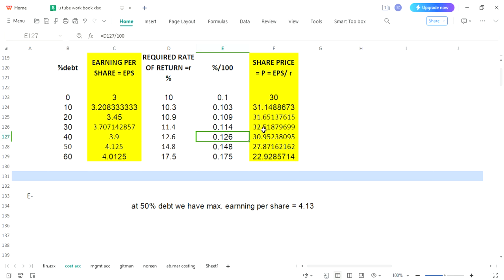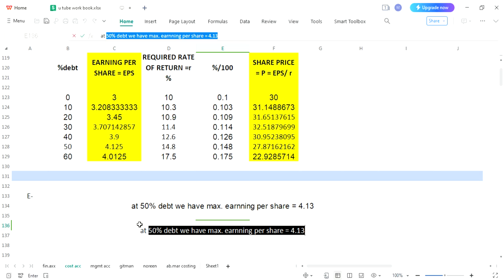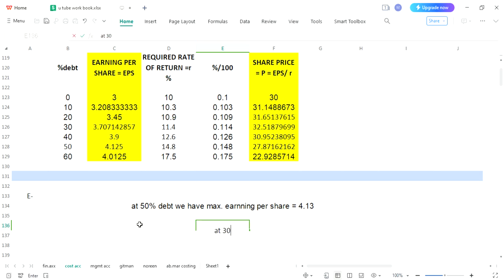It means at 30% debt we have the maximum share price.